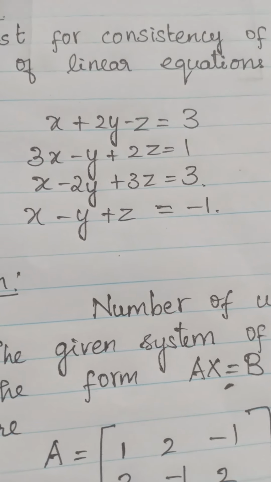The third row is 1, minus 2, 3, and the fourth row is 1, minus 1, 1. And your X matrix is x, y, z, the variables, and the B matrix is 3, 1, 3, minus 1. So the first step is we need to write this set of equations in the form Ax equal to B.